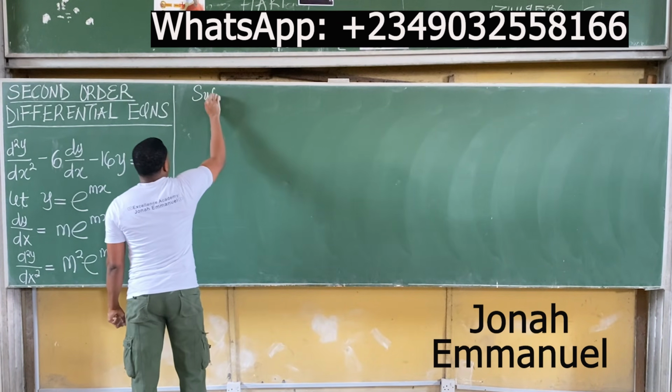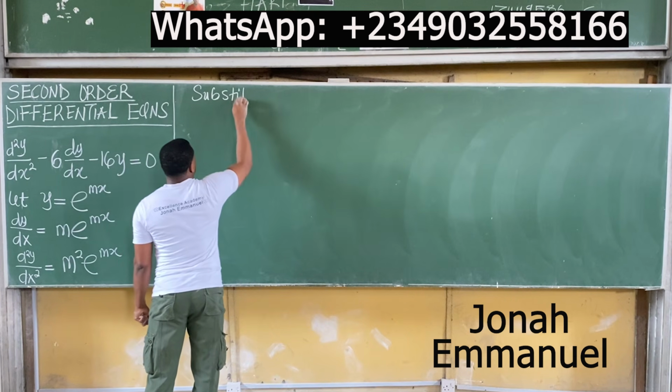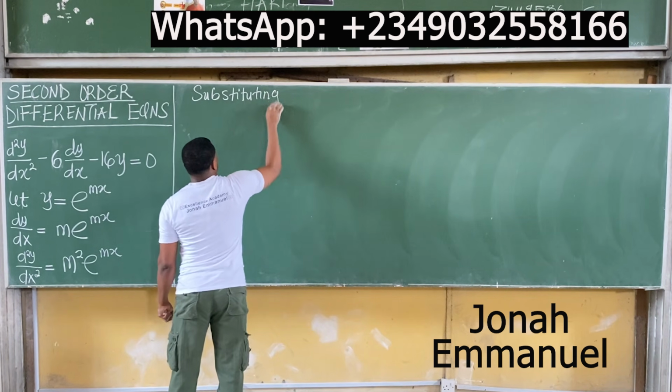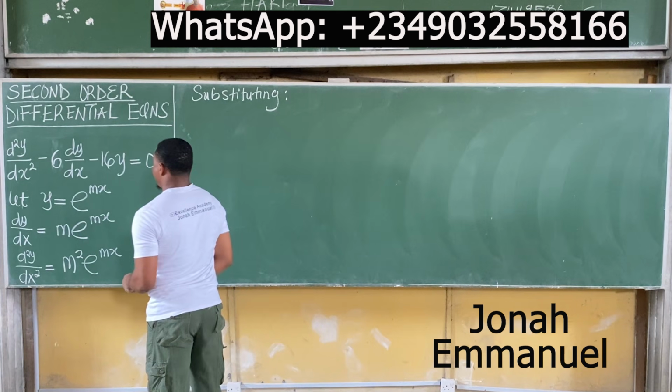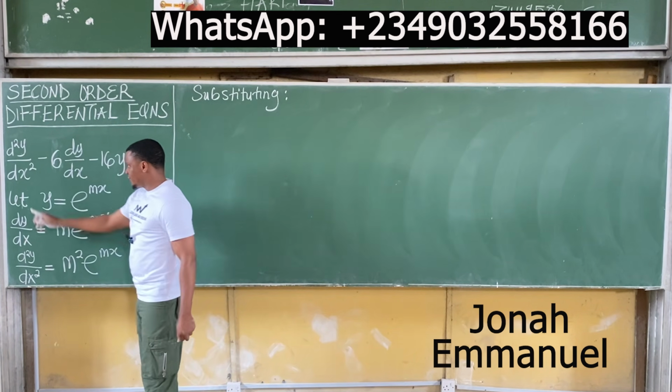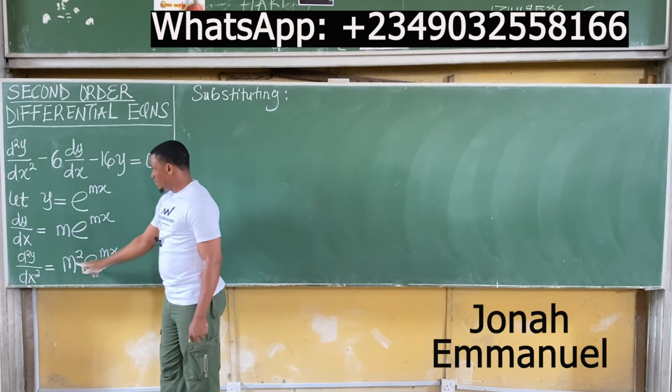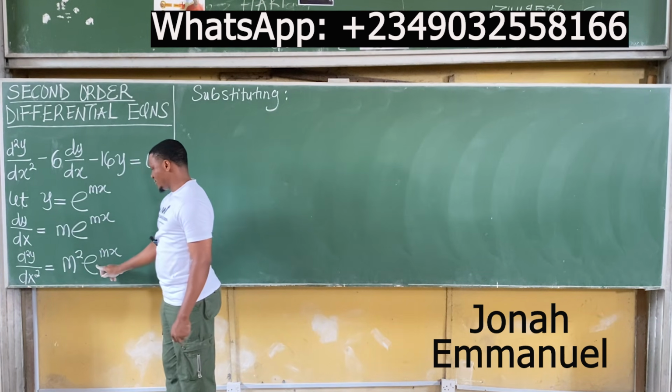Step 2, substituting. If I substitute, what do I get? In place of d squared y over dx squared, we put m squared exponential mx.